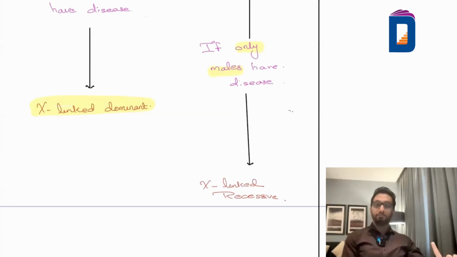If only males are affected, it's X-linked recessive. Now, when it comes to autosomal, there is no such thing as male-female, because there is no sex predilection. It's about how many progeny, how many children. They're not going to tell you about males or females. If at all they tell you, they'll say that both males and females are affected equally, or there is no sex predilection.